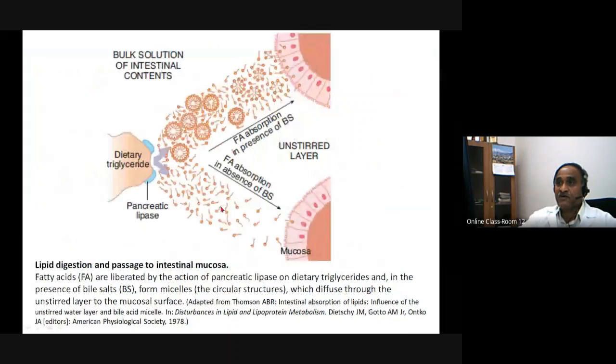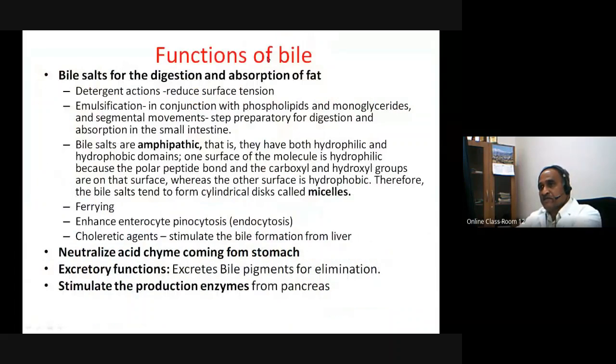If you are looking at here, this is formed here, and this is the intestinal brush border. So they are transported here to the brush border, and once they reach the brush border, they get attached to the enterocytes. Once they get attached, they will be absorbed.